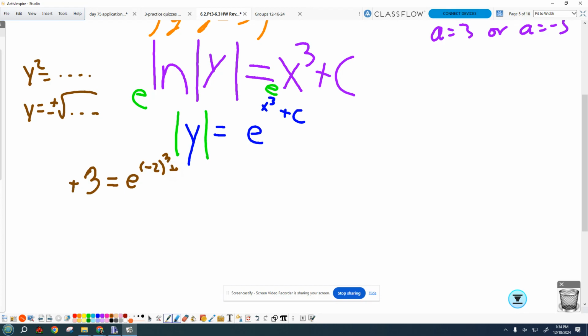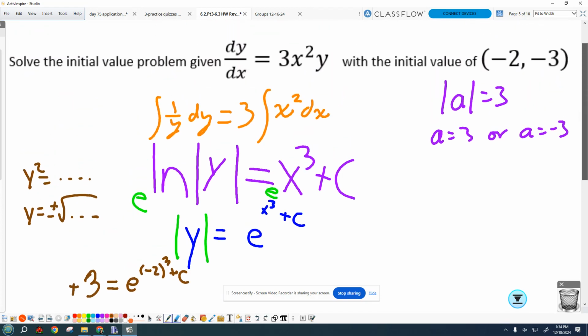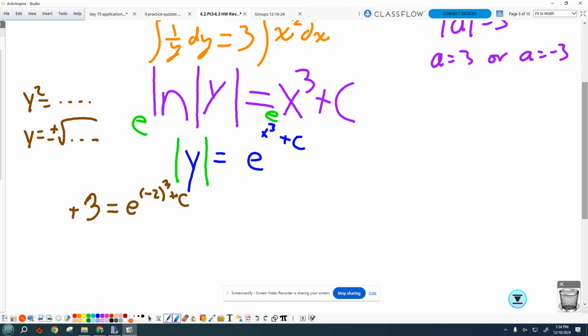We never solved for C, that's right. I was letting you guys choose. Yeah, we need to solve for C. So the coordinate that we're plugging in is (-2, -3). So plugged in, all right.